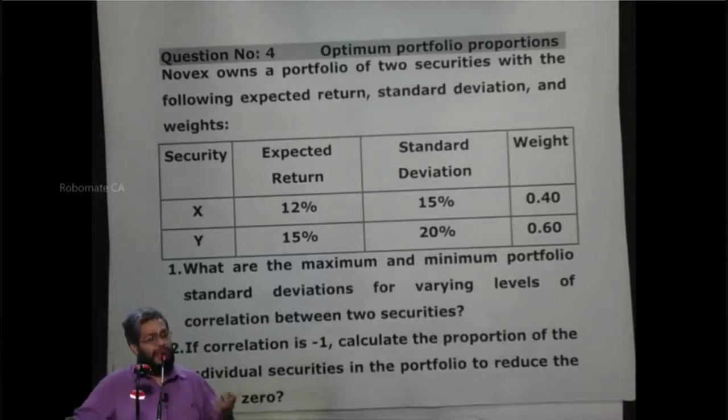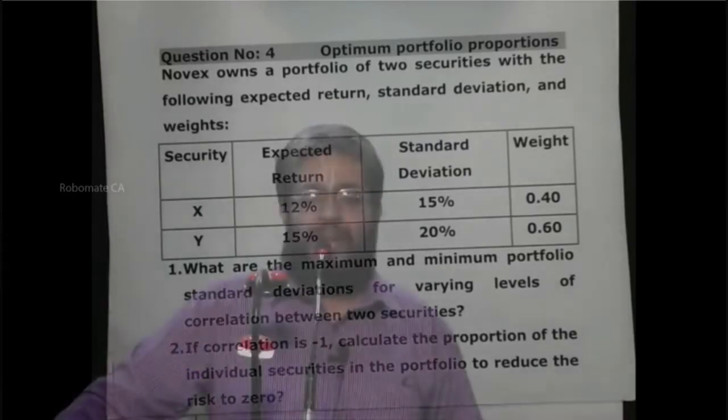And +1 is perfect positive. When correlation is -1, we have the maximum benefit through diversification. As the negativity reduces, the risk reduction also reduces. At +1 correlation, we will not be able to reduce the risk through diversification.